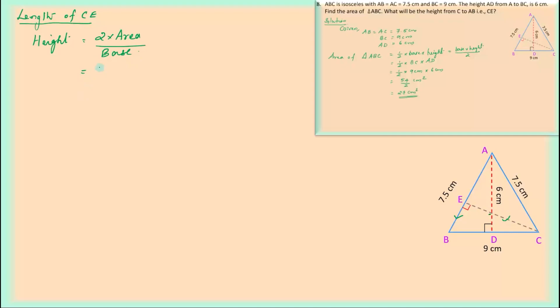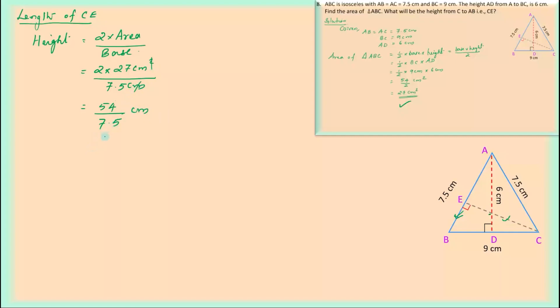That is equal to 2 into area of the triangle, it is 27 centimeter square, divided by base of the triangle. Here base is AB, so it is given as 7.5 centimeter. That is equal to 2 into 27, it is 54 divided by 7.5. Here we can cancel 1 centimeter.